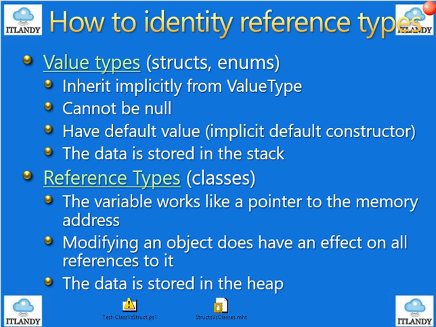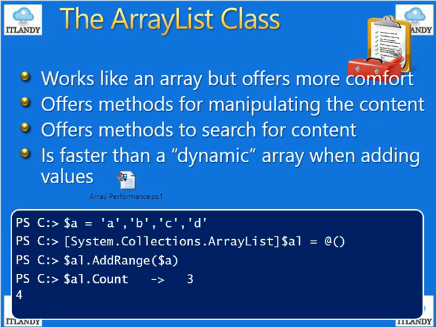Next, the ArrayList class. The ArrayList class is more comfortable to use than a simple object array. If you recall earlier, we said object brackets. There are some scenarios where ArrayList is more flexible and faster than an array. However, this depends on the amount and type of information being processed.